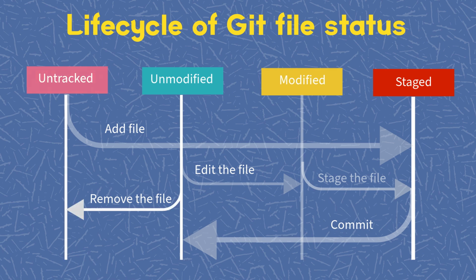Now we have reached the final life cycle part, the removal of files. So how can we remove our files from the Git ecosystem using the Git command rm? Let's check this.